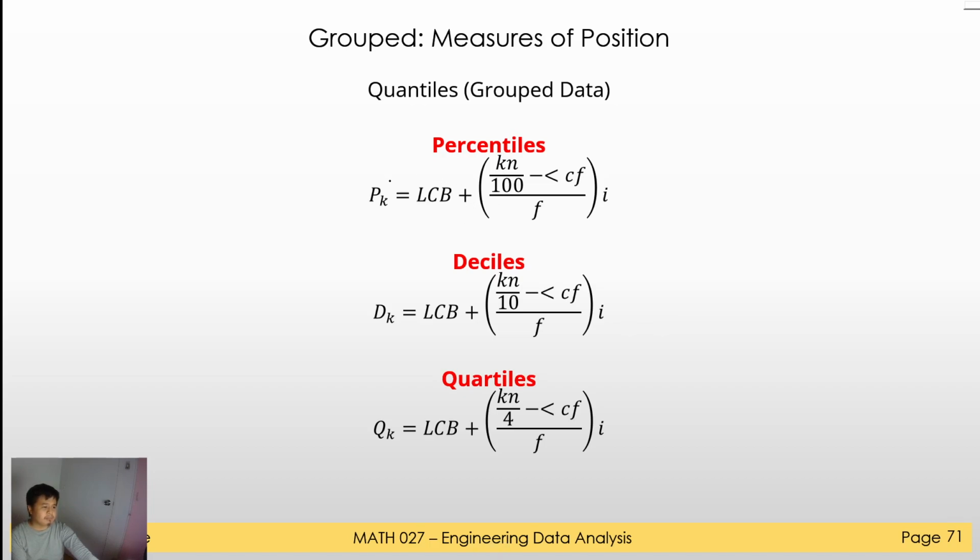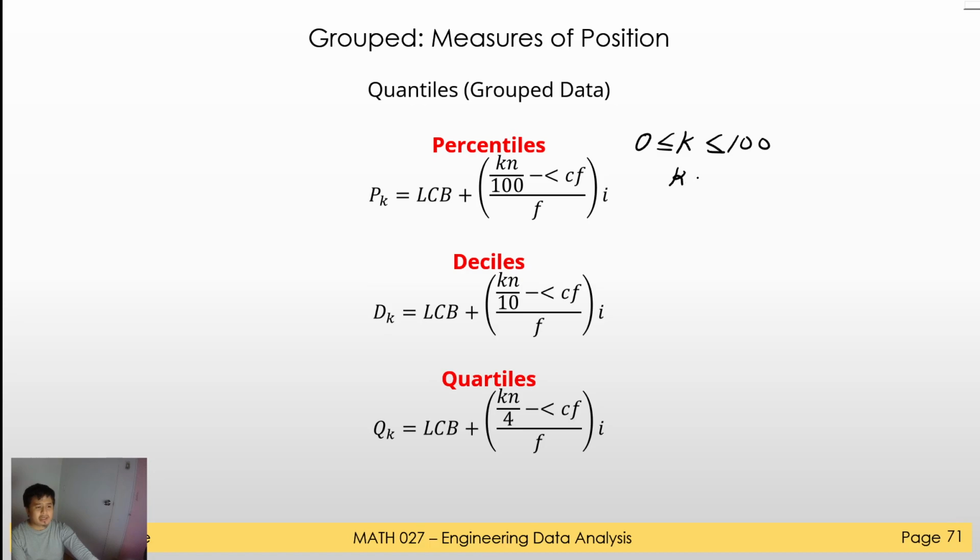If we want to find the percentile, we have the same formula, but instead of n over 2, we have k times n over 100, wherein k is an integer between 1 and 100.